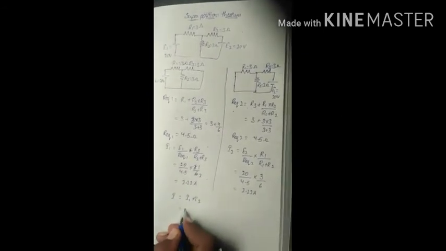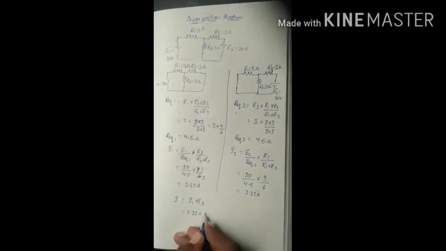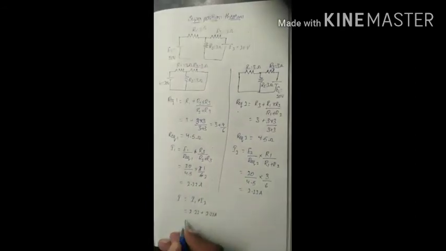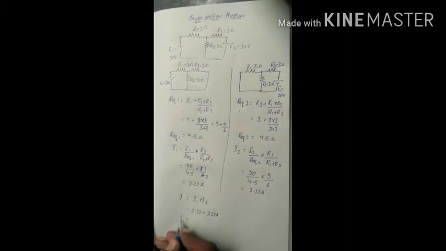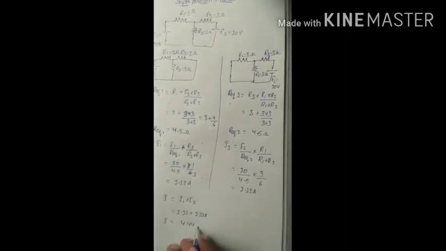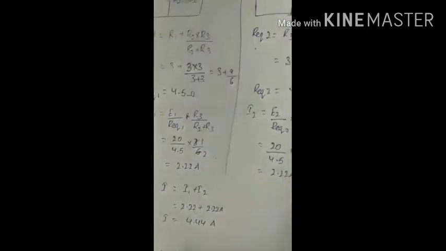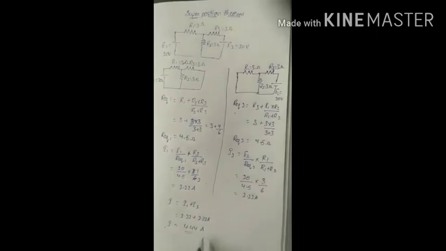I1 is 2.22 amperes and I2 is 2.22 amperes. After finalizing we get 4.44 amperes total current.